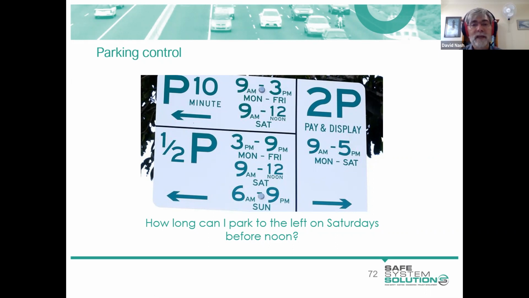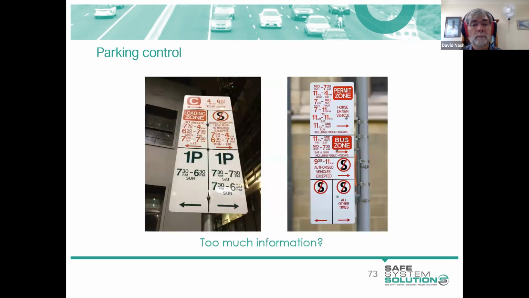But really, for the sake of the drivers themselves understanding what's going on, try to keep it as simple as possible if you can. And here's some more examples, again from another state, fortunately, which just add to the complexities. And that's really going overboard.